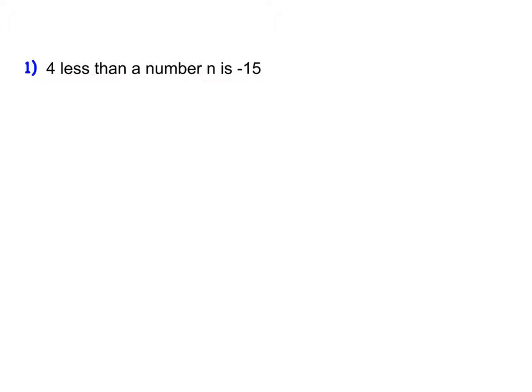All right, so what we're going to do is we're going to use those keywords and phrases that we just looked at, and we're going to use that to translate this word sentence or verbal sentence into a number sentence or equation. So we're going to take this and we're going to translate it as an equation.